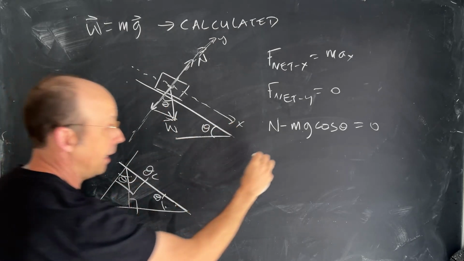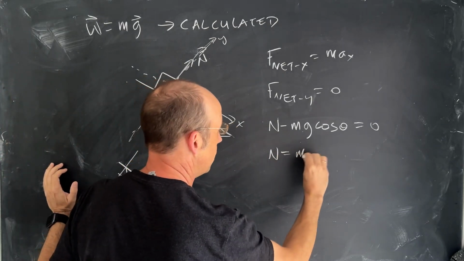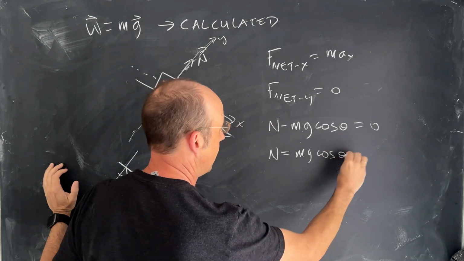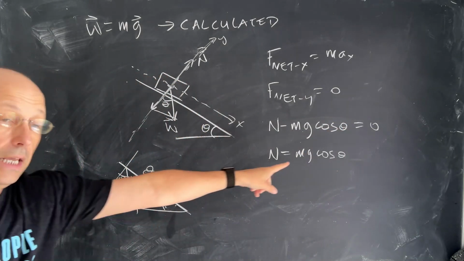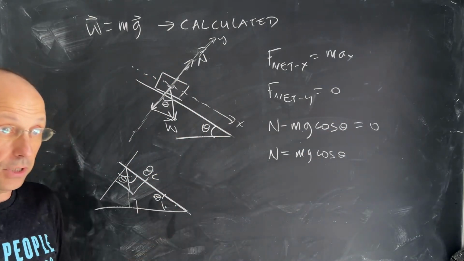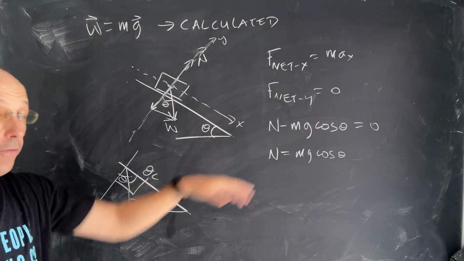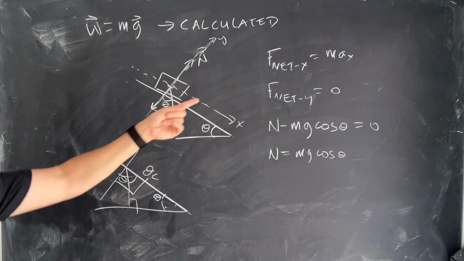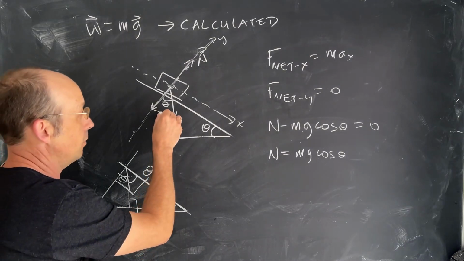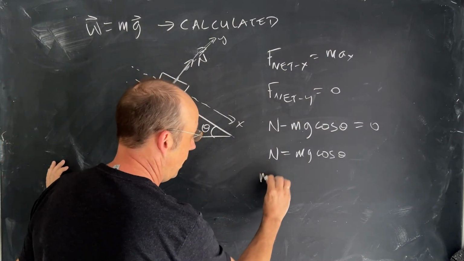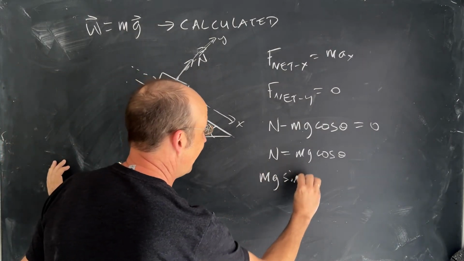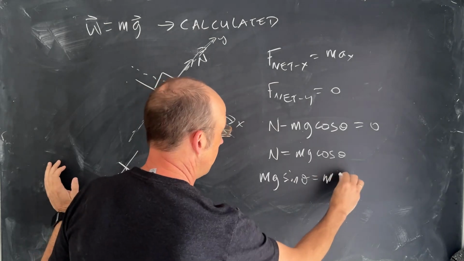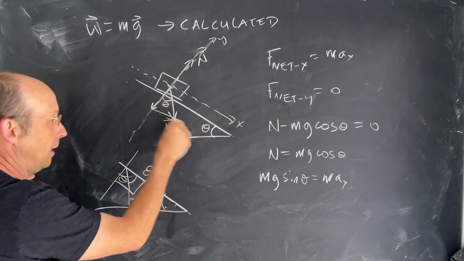So that gives me a value for N as mg cosine theta when I add it to both sides. So N is not always equal to mg. Okay, it comes up a lot. Be careful with that. We can also do the same thing in the x direction. Now I can find this component right here. I get mg sine theta is max. Okay, because that's my opposite side.